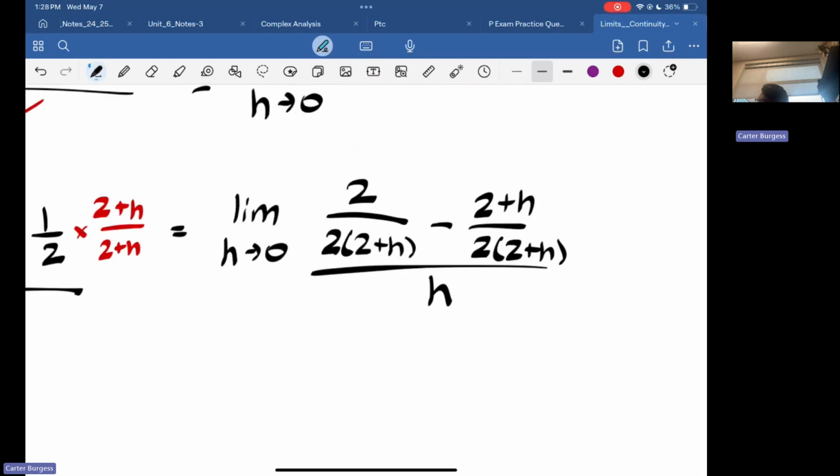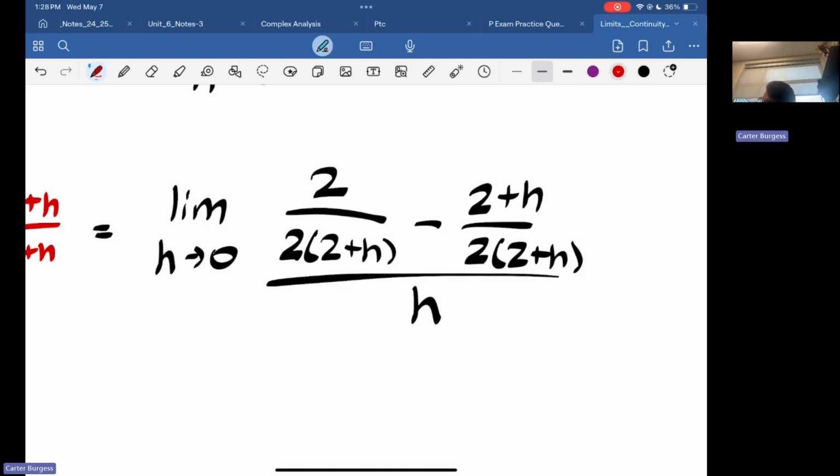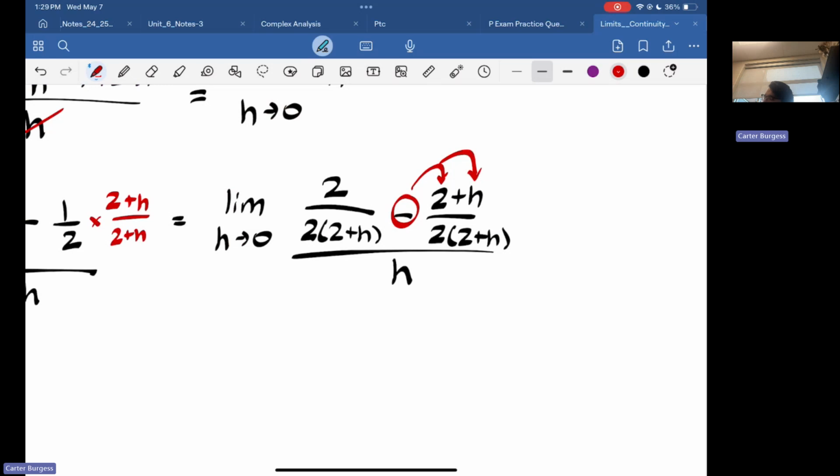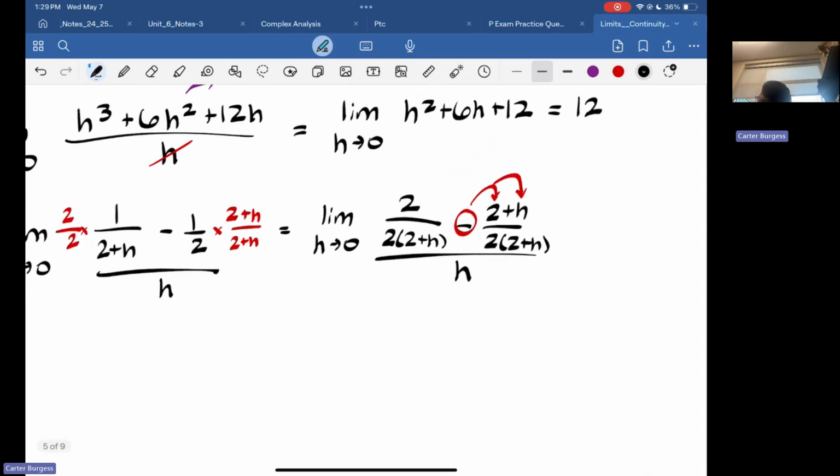We have to be a little bit careful here, just in that this minus is applying to both the 2 and the h. So we want to be a little bit cautious about doing the subtraction. But when we do the subtraction, we get something very, very nice.